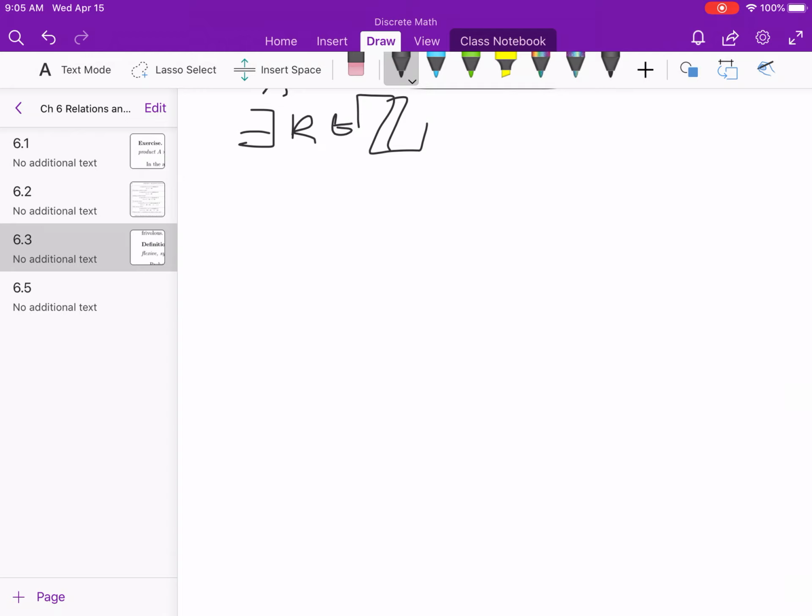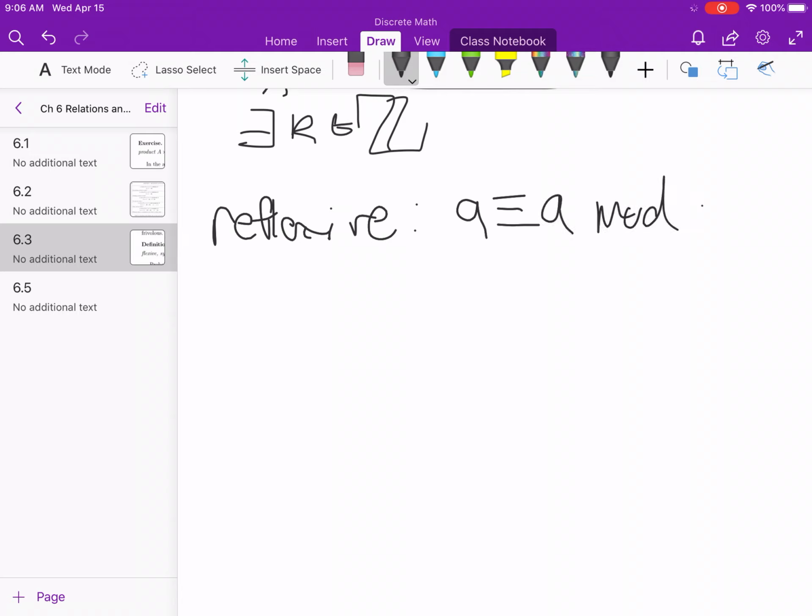So I want to show reflexive. Remember, what I want to show is that A is congruent to itself, mod n. And you might think that this is trivial, and in a way it kind of is, but let's use our definition.